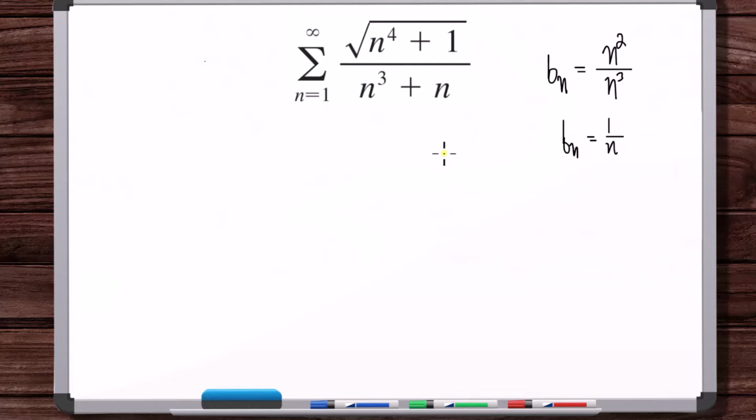So, okay, how does the original a sub n compare to the b sub n? And so with n squared over n cubed, that's what this is. Okay, yeah, we can do this.